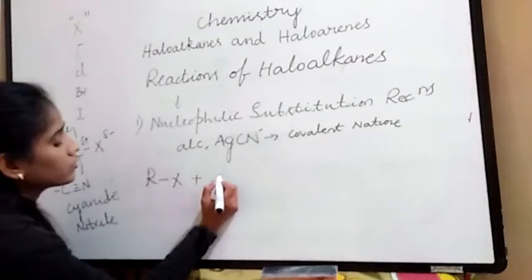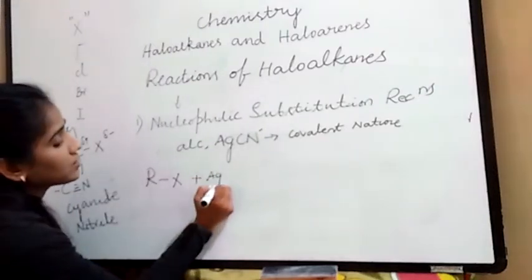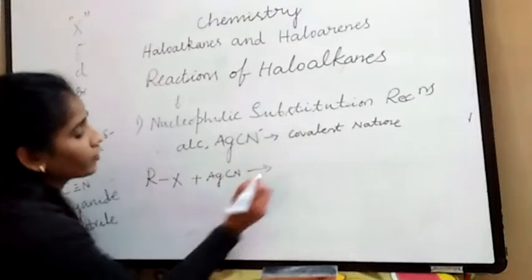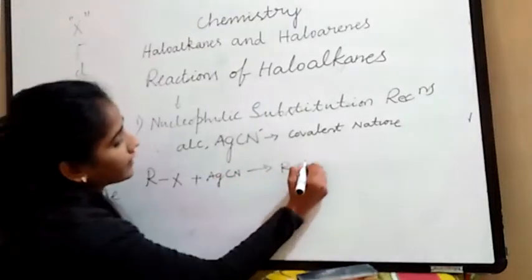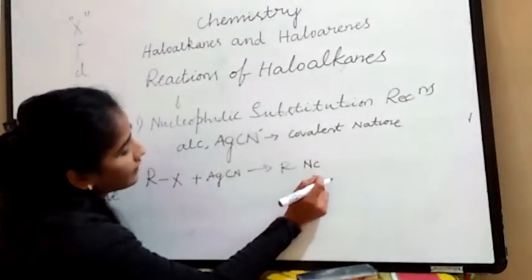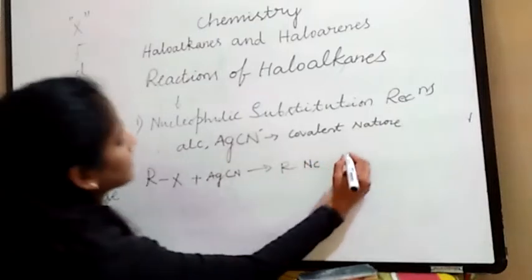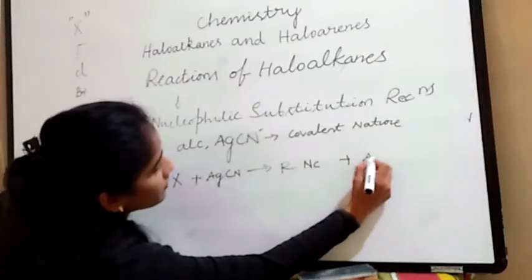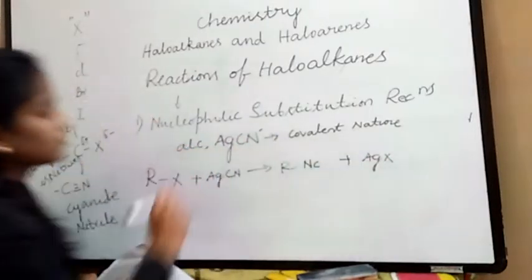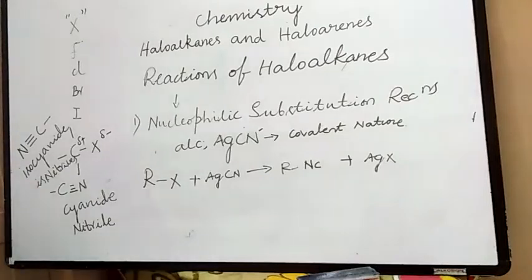So haloalkane reacts with alcoholic AgCN. We are going to get RNC, which is isocyanide or isonitrile, plus AgX, silver salt. This is a general reaction.